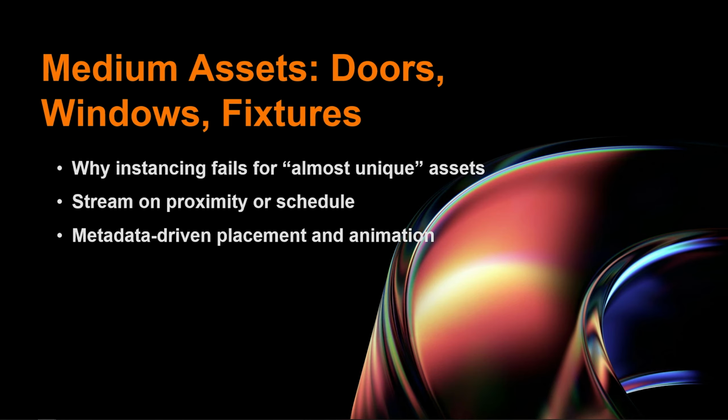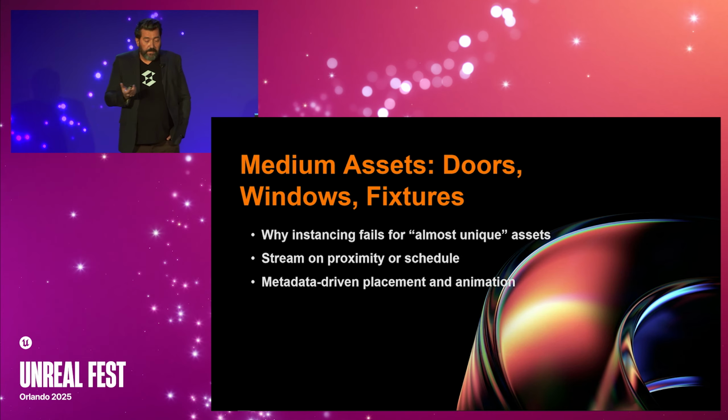Another thing to touch on, and why instancing fails for a lot of things, is there may be a lot of very, very similar objects, but they've got custom rotations and custom attributes on them that they just can't be instanced. And if there's no HLOD generated for some of this stuff, it just streams in and out fairly close to the viewer.